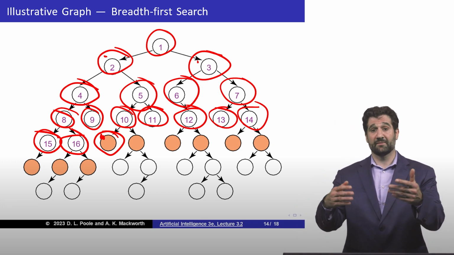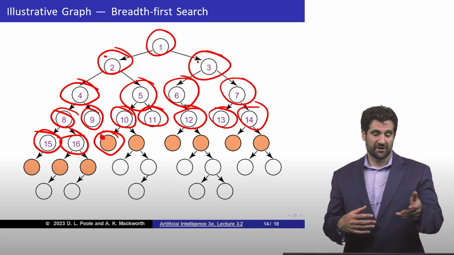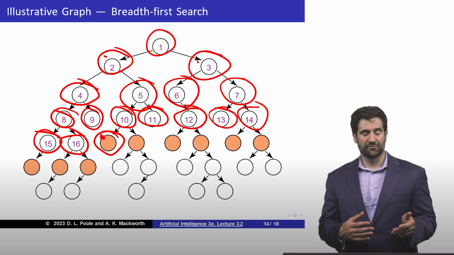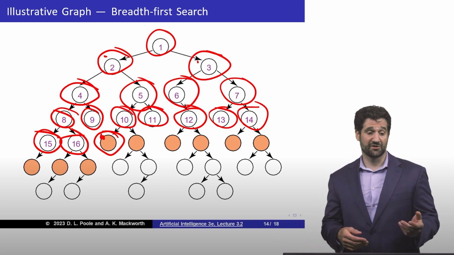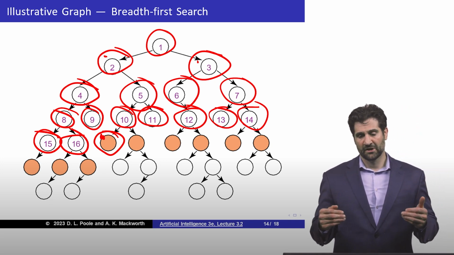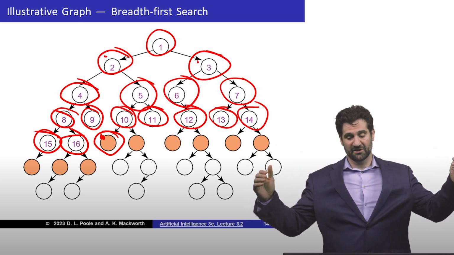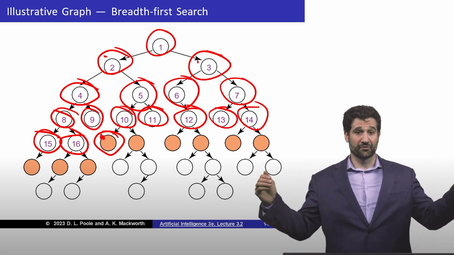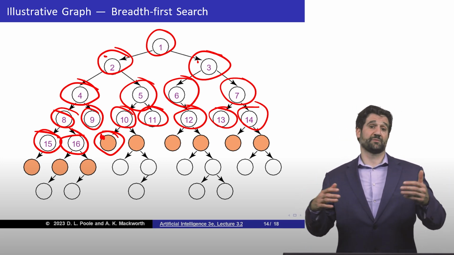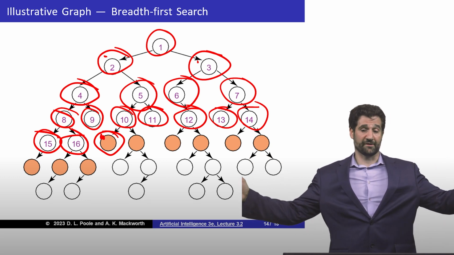Because, like I said, we had to maintain all of the nodes because we didn't know if it was going to be node 2 or 3, or node 4, 5, 6, or 7, and so on. The other thing to notice is how the number of nodes in the frontier is increasing as I go through the nodes that were previously in the frontier. It's constantly expanding, and that's why you have the name breadth-first search. The tree is getting wider.